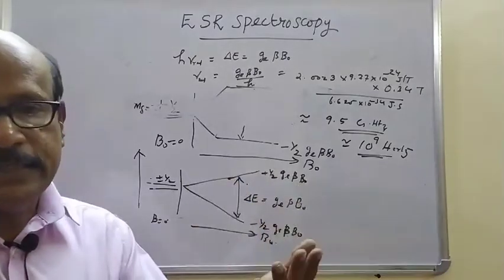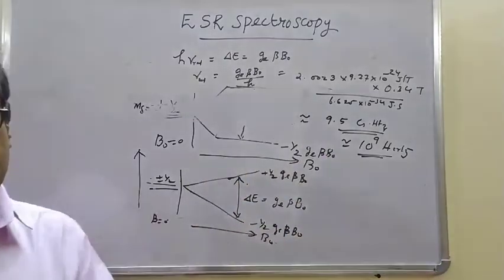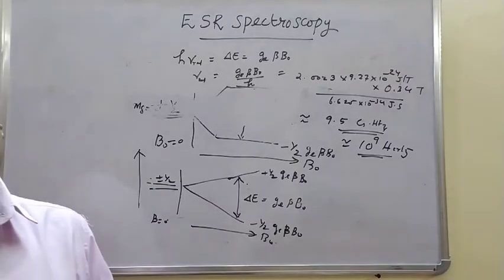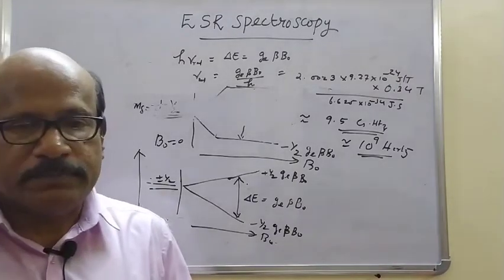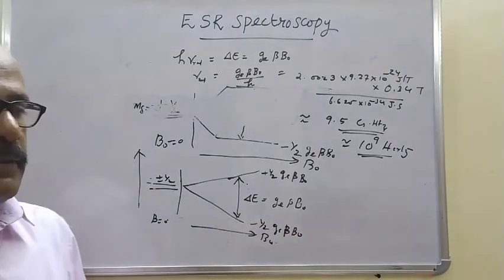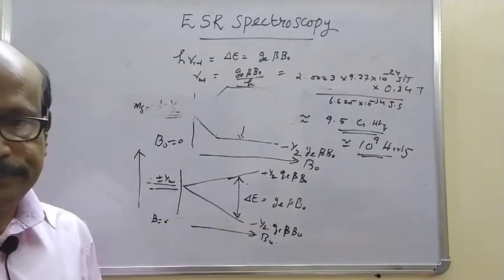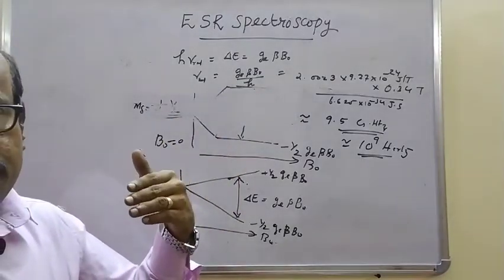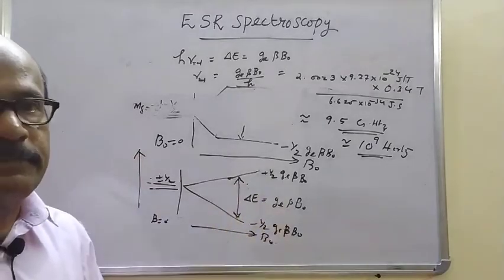That is the electronic spin transition: the electron spin goes from the lower spin state to the higher spin state by absorbing microwave radiation through magnetic dipole interaction. Hence it is called electron spin resonance or electron paramagnetic resonance.